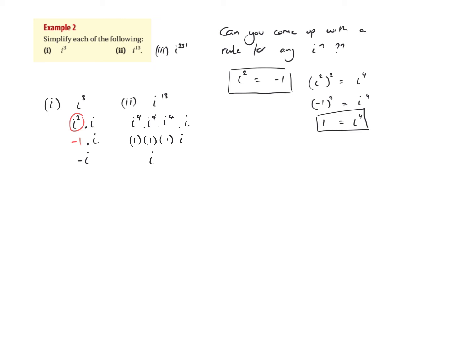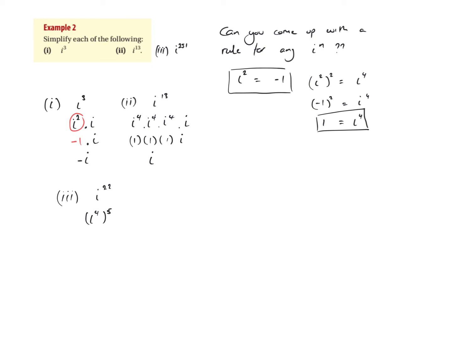Okay, let's have a look at maybe i to the power of 22. I'll just pull that out of my hat there. So i to the power of 22, if we work that out, then again, let's work out how many to the power of 4s we have here. Hopefully you can see, guys, we can write this as i to the power of 4 by 5, and that will get us to i to the power of 20.